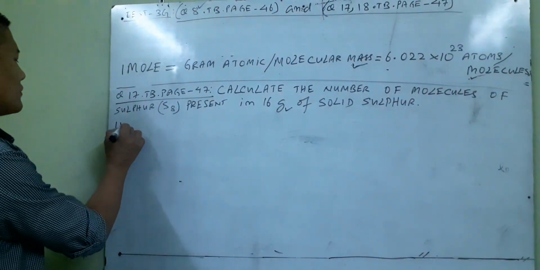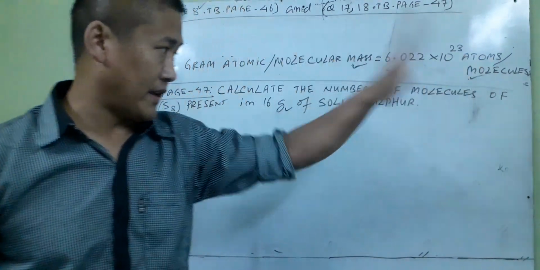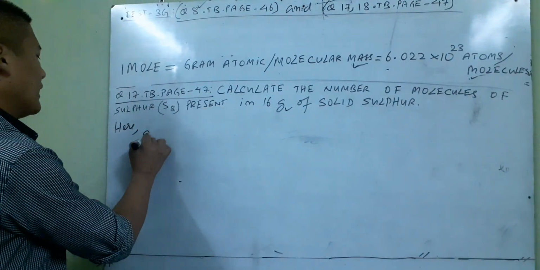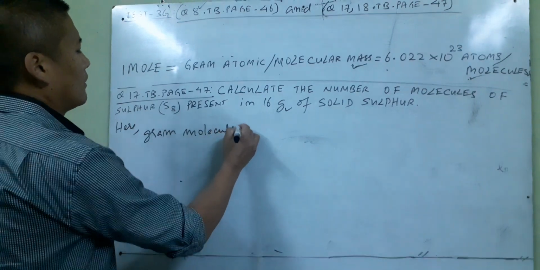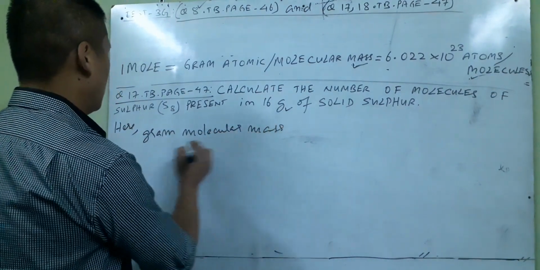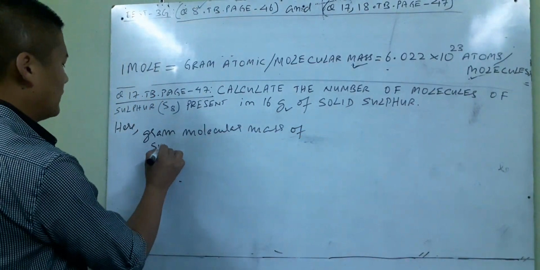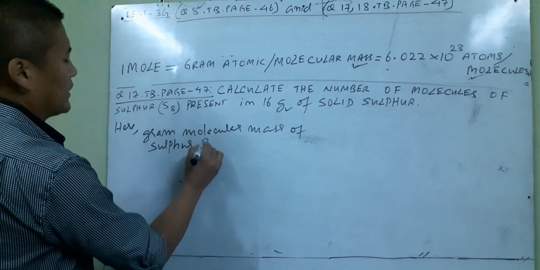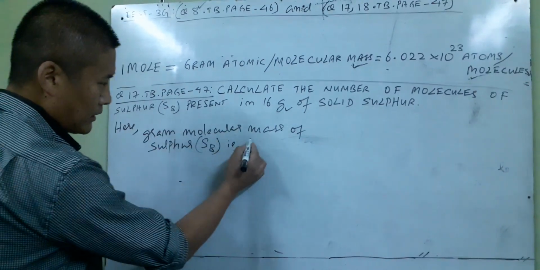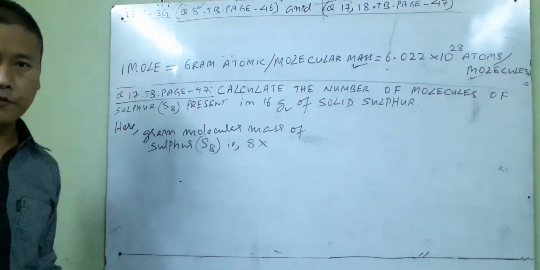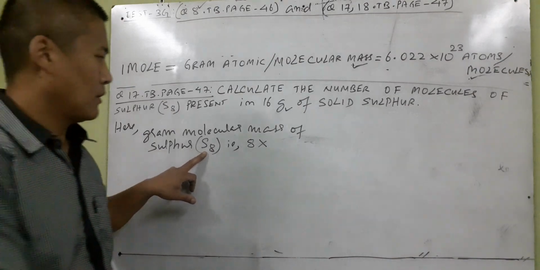So here, just right here, you have to calculate the number of molecules. So we'll put these molecules on the right side. So gram, we'll put on the left side. So gram molecular mass of sulfur, which is in bracket S8, very clearly given. That is how much? 8 sulfur. Now go to page 37 of the textbook and tell me how much is 1 sulfur atom mass.